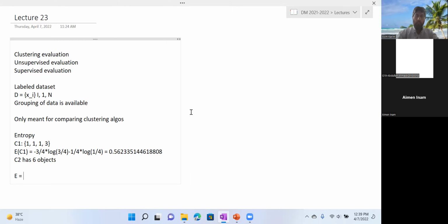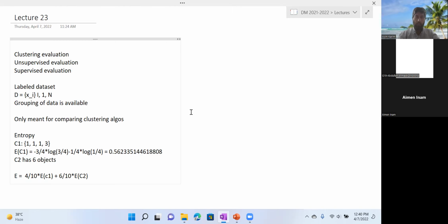Then E would simply be 4 over 10 into E of C1, the weighted entropy, plus 6 divided by 10 into E of C2. So this would be the entropy of the entire clustering.